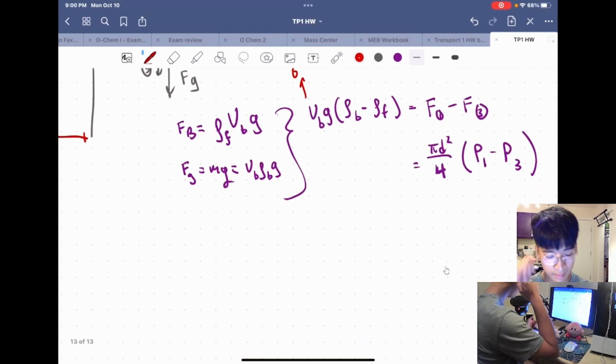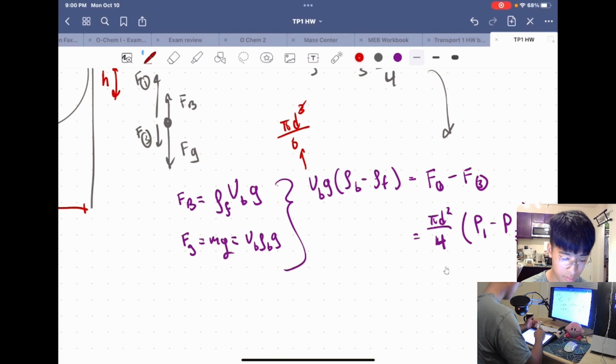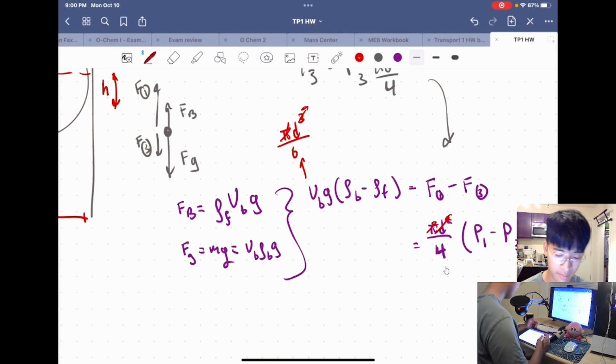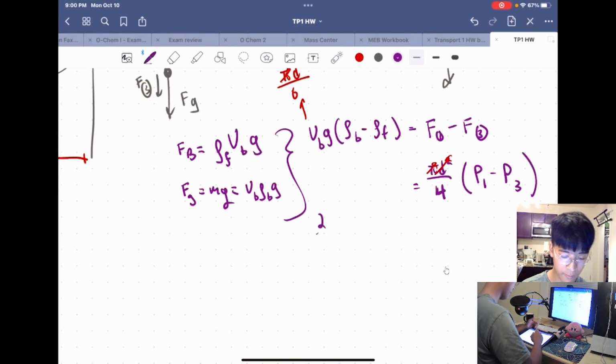So that can cancel out. We have that's gone, that's gone, pi is gone, and we have 2 over 3 d g rho. I should probably write that down actually: 2 over 3 d g, quantity rho b minus rho f.